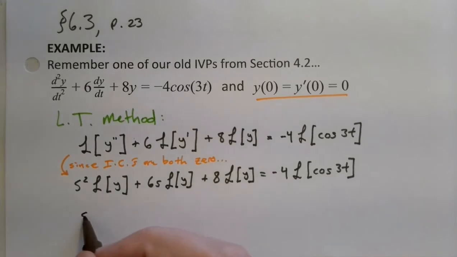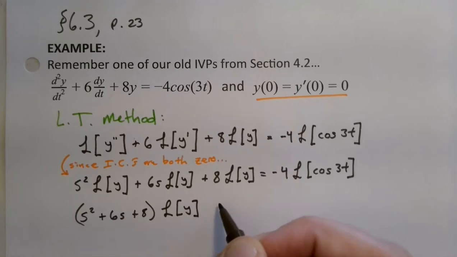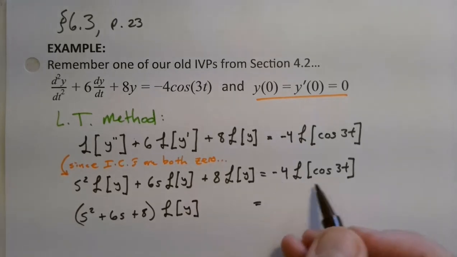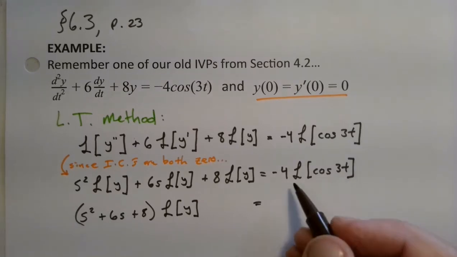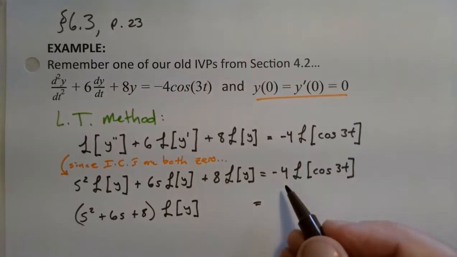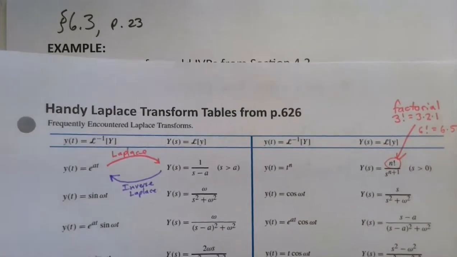But for us, that means we've got a polynomial, s squared plus 6s plus 8, times the Laplace transform of y on this side. The other side is still equal to this guy. But we should be able to figure out what the Laplace transform of that is. And because we've got the negative 4, it's going to be along for the ride. The Laplace transform of cosine 3t we can get from our table, or we can hop on Maple and do it if we want.